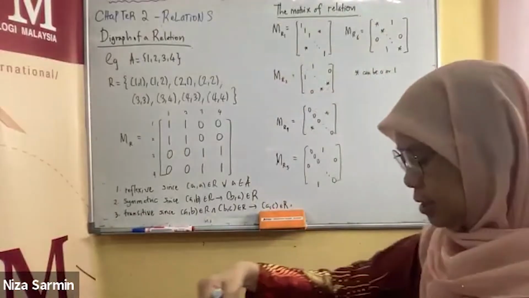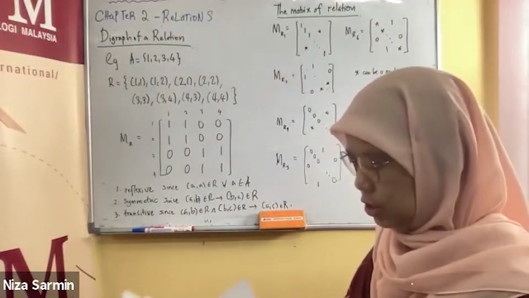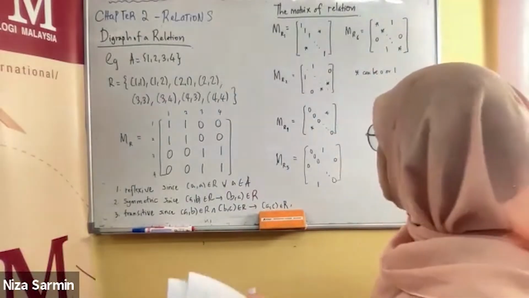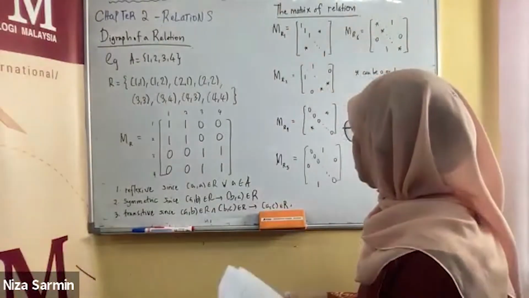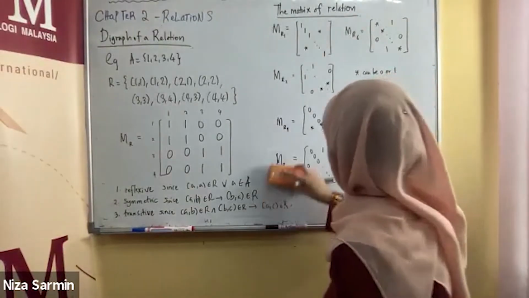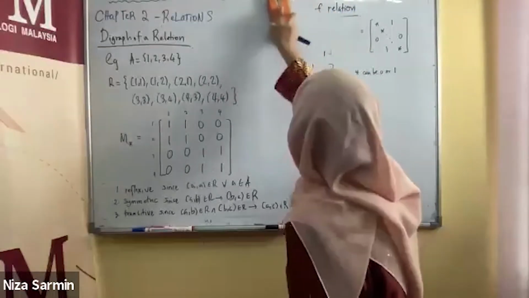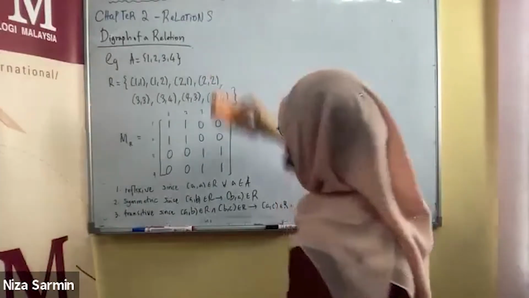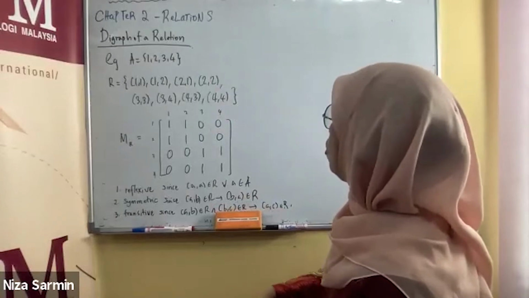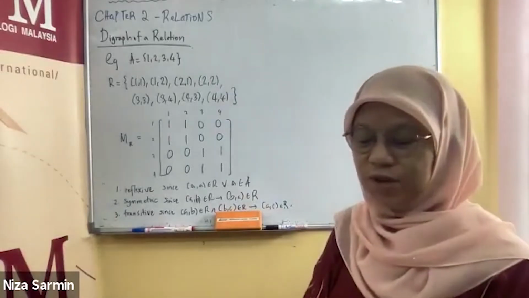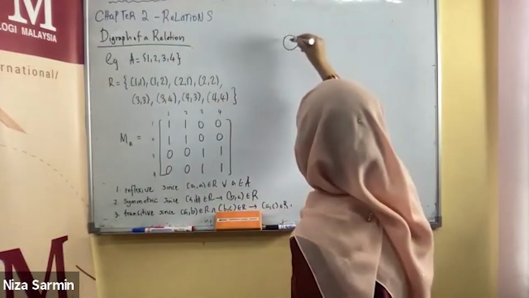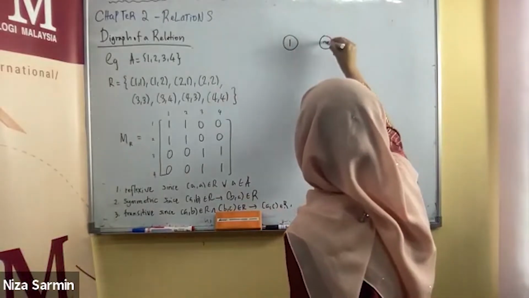Now we want to go to the digraph of a relation. What you will do is draw the vertices. It can be any way you draw it.